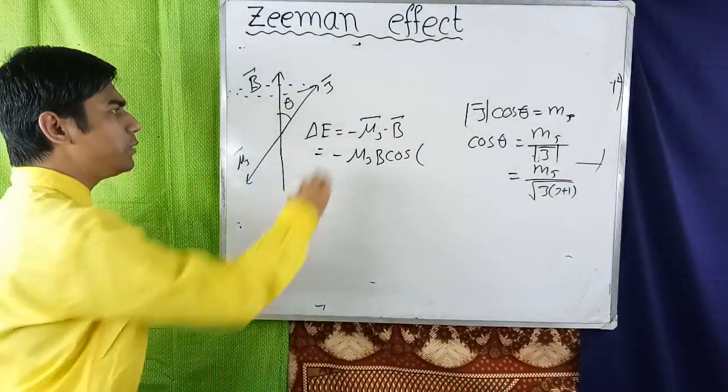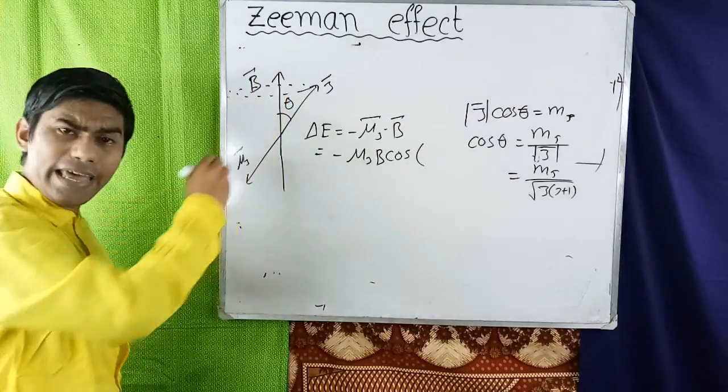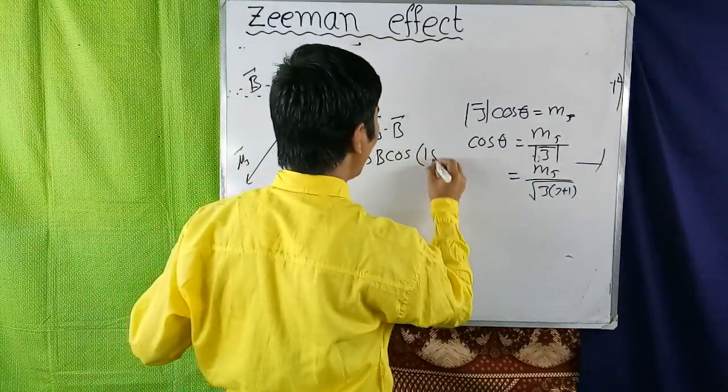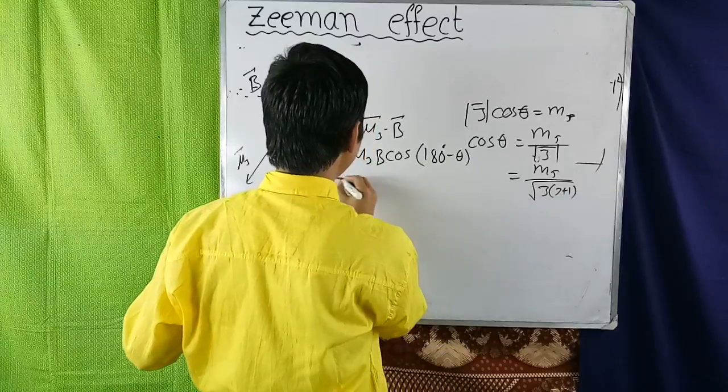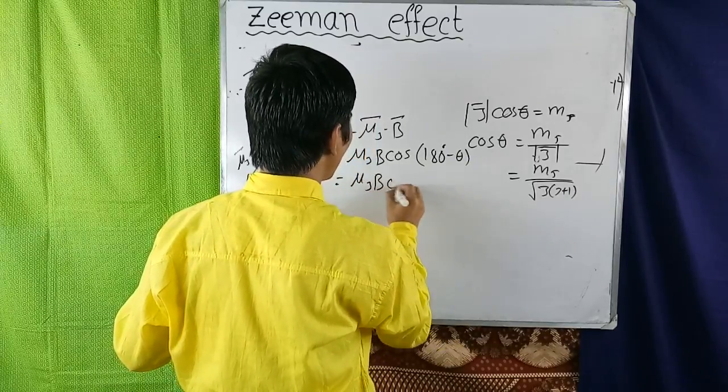Now the angle between mu J and B is 180 minus theta. So this is 180 degrees minus theta, that is mu J B cos theta.